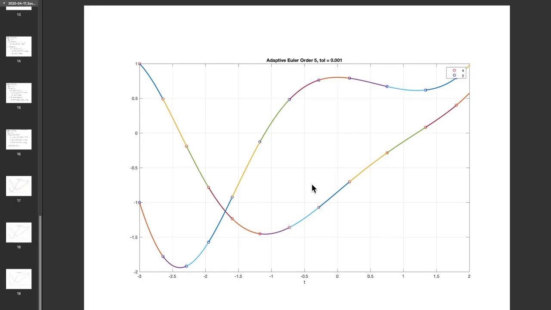There is kind of a law of diminishing returns here. As you increase the order more and more, you're not going to be able to double the step size every time you increase an order or anything like that. So there would come a point at which you've got the law of diminishing returns kicking in.